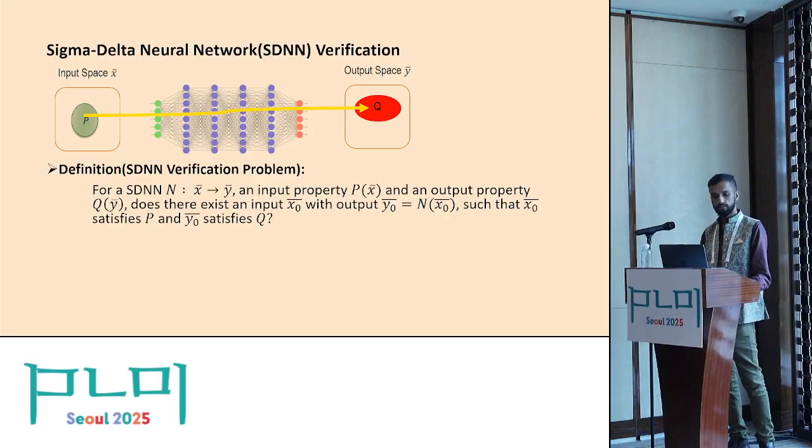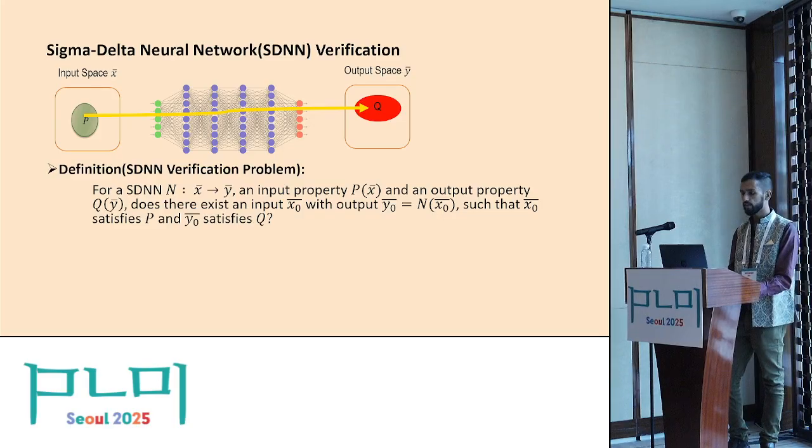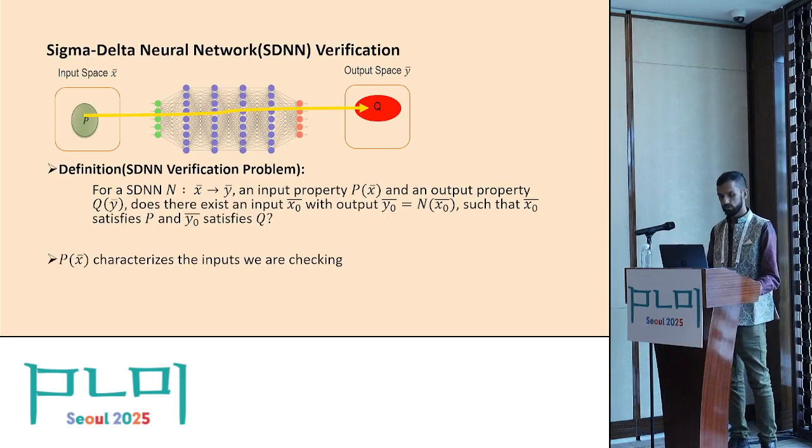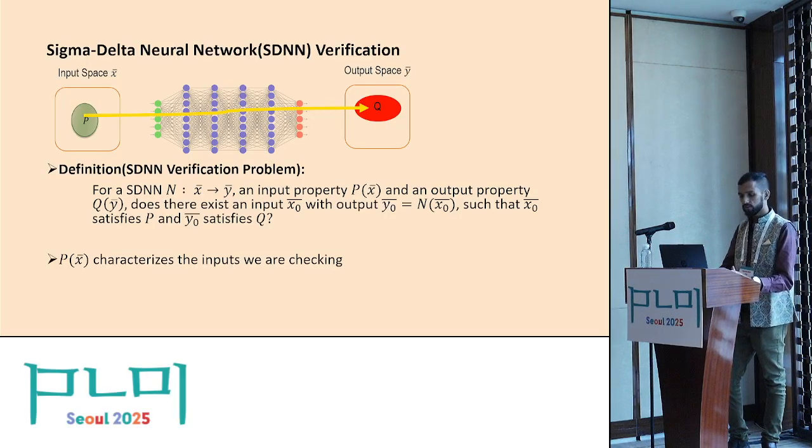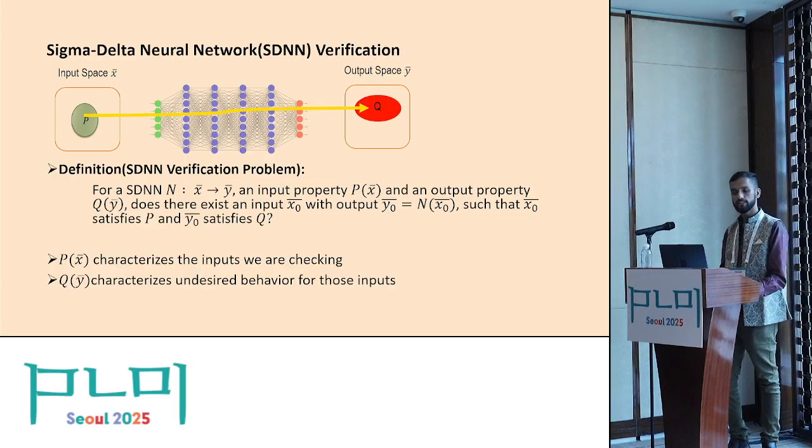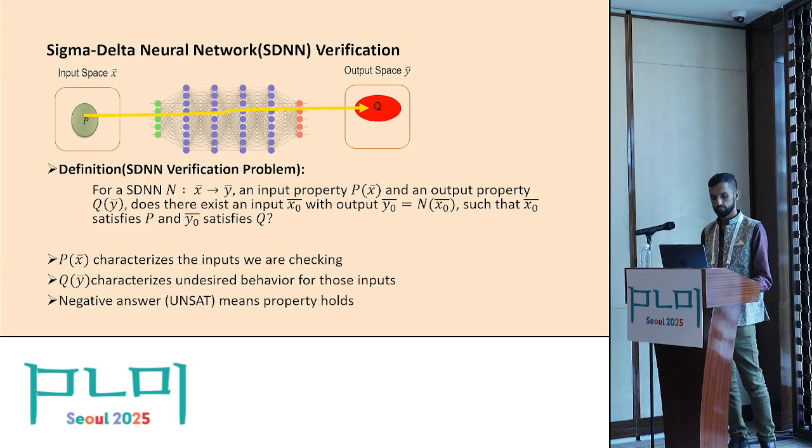For an SDNN N from x bar to y bar, an input property P of x bar and an output property Q of y bar, does there exist an input x naught bar and output y naught bar such that x naught bar satisfies P and the output y naught bar satisfies Q? Basically P characterizes the input we are checking, and Q of y bar characterizes the undesired behavior for those inputs.